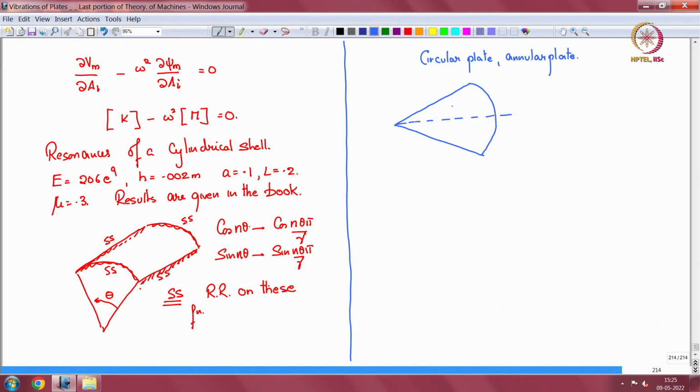We measure theta from the center line. This total is 2 alpha. So this is minus alpha and that is alpha.